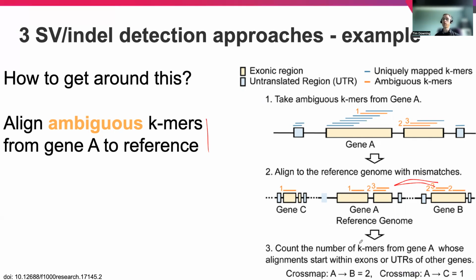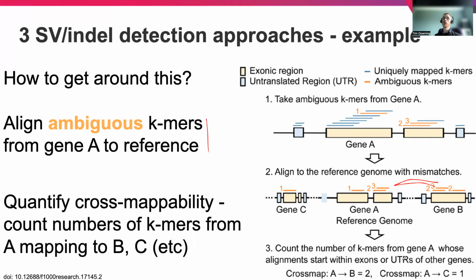So what we can do is count the number of k-mers from gene A whose alignments start within exons or UTRs of other genes. These cross-mapping k-mers are useful in that regard. We can estimate the cross-mappability of different regions across our genome to estimate this more accurately.